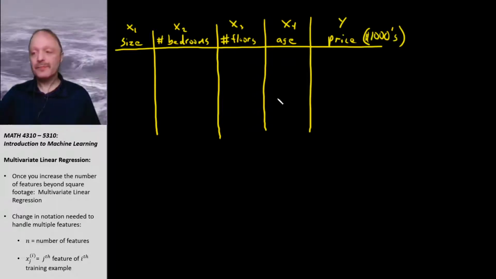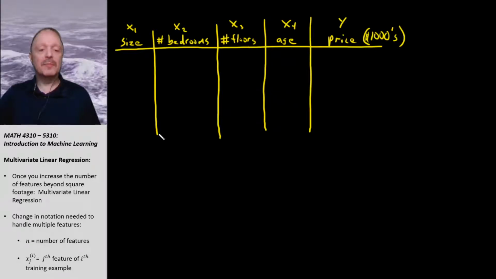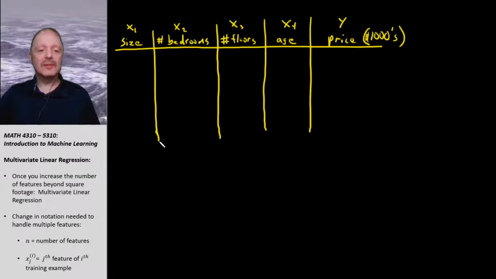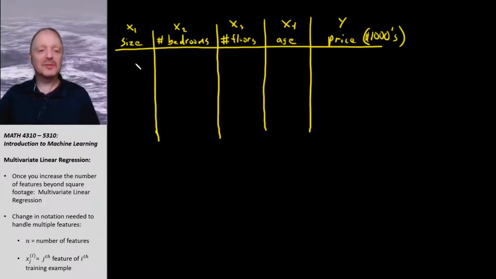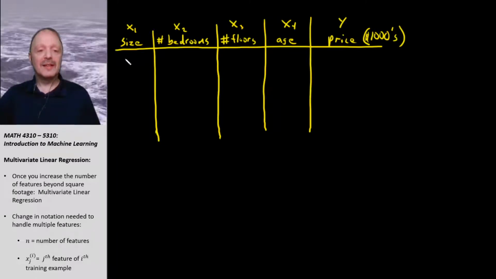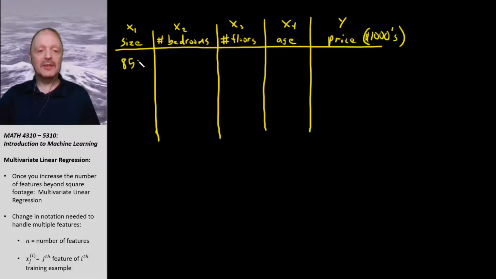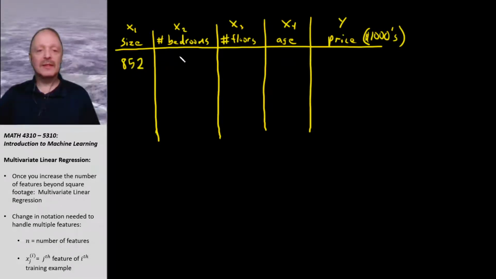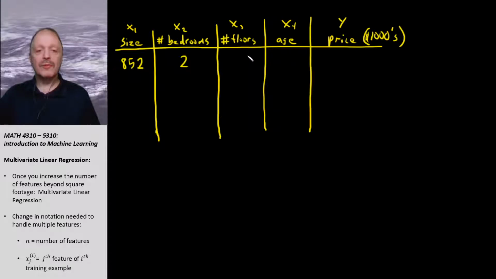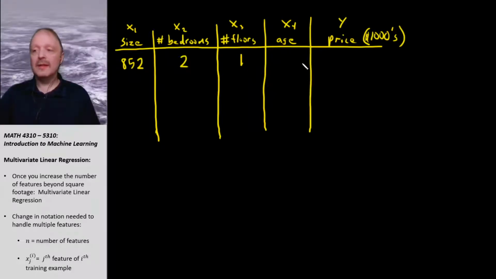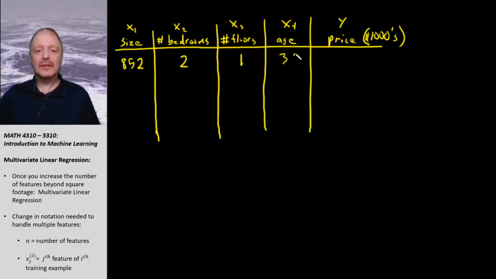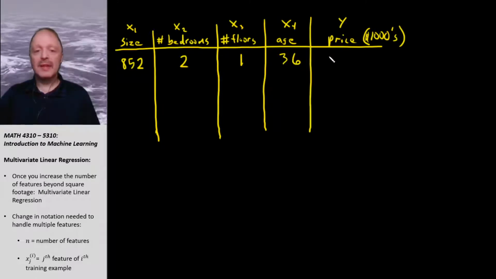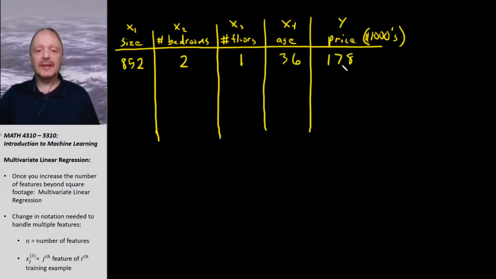I'm pulling some values. I won't say they're completely out of thin air, but they're sort of out of thin air. We have 852 square feet, 2 bedrooms, 1 floor, age is 36 years old, and it's going to run 178,000.